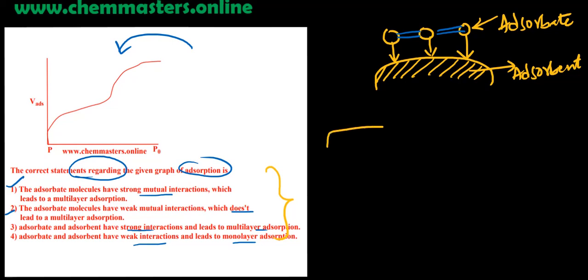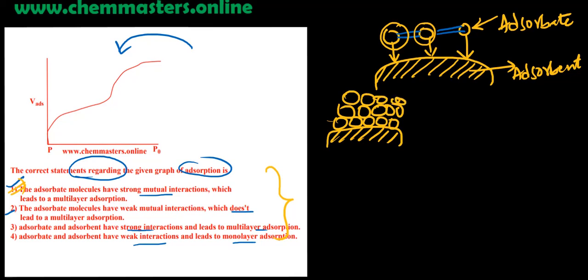Here you can see, with strong interactions between adsorbate molecules as given in the first statement, after making a monolayer adsorption, there is the possibility to make multilayers because the strong interactions between adsorbate molecules further lead to making multilayers on the given adsorbent surface.